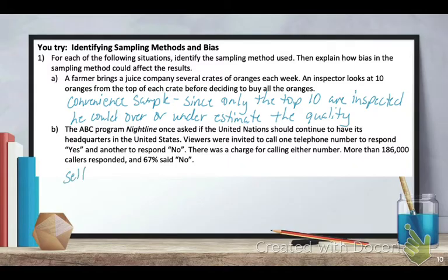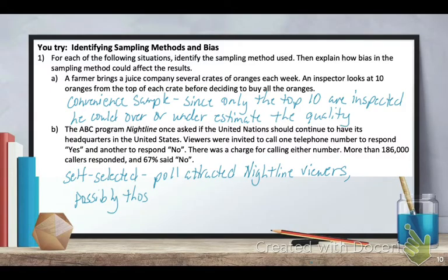So if you think about this type of sampling, this is self-selected because people are volunteering to call in. Now the bias that may be introduced is because of the whole population of viewers of Nightline, not everyone has an equal chance because it is a volunteer sample.